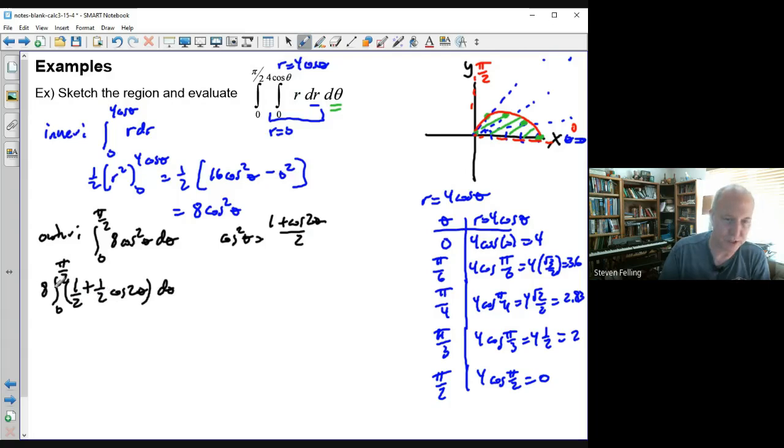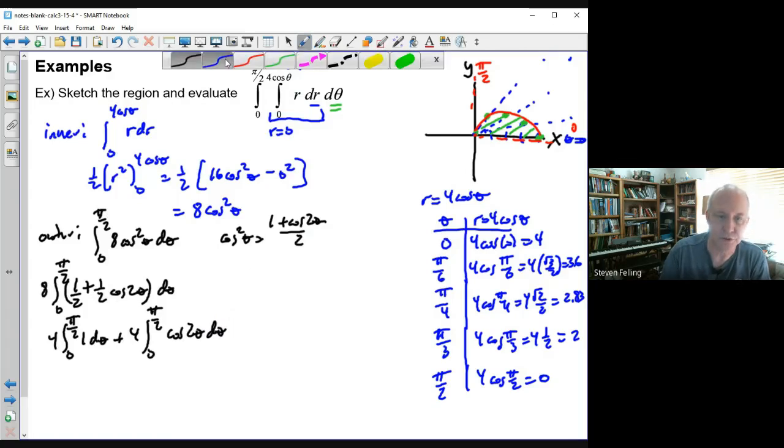Which means I could bring the half out here too, and I would get 4 times the integral of just 1 d theta, and then 4 times the integral from 0 to pi over 2 of cosine 2 theta d theta. Maybe I could do a little u-sub here.